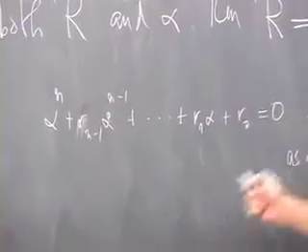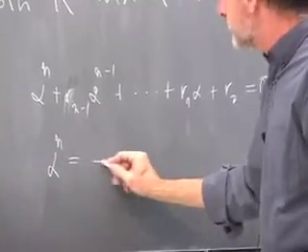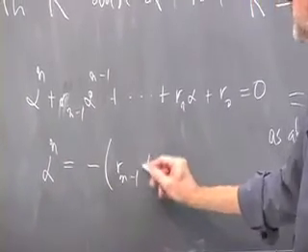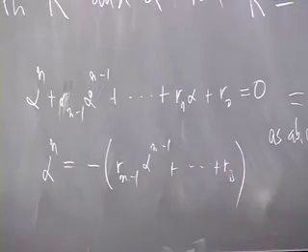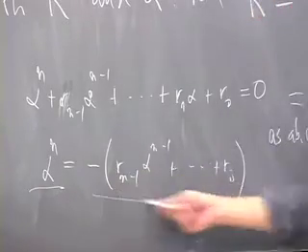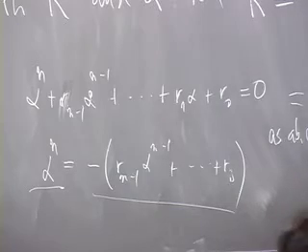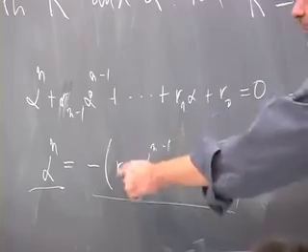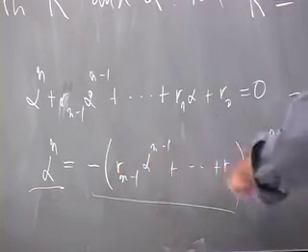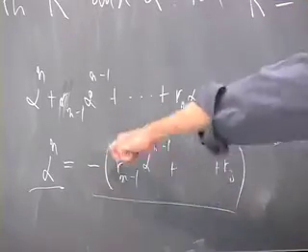Taking all this over to the other side, alpha to the n is minus R(n-1) alpha to the n minus 1 minus ... minus R0. Consequently, this power of alpha can already be expressed in terms of the lower powers. And likewise, alpha to the n plus 1 can be expressed in terms of alpha to the n down to alpha, and then you re-express alpha to the n in terms of the lower powers.